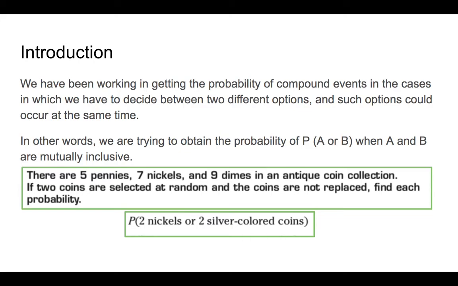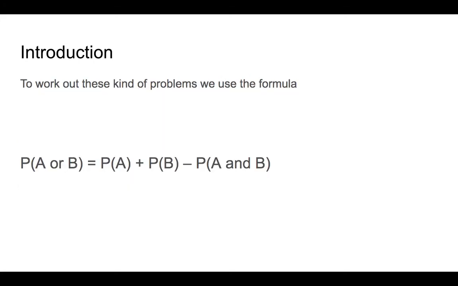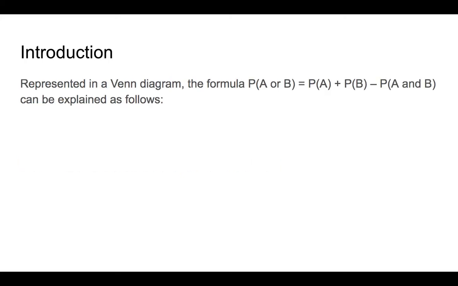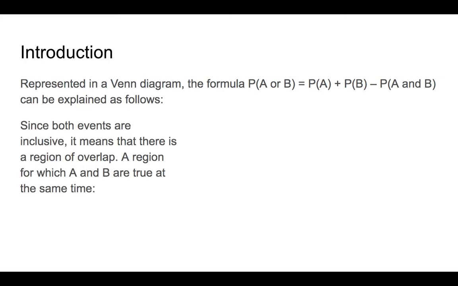So what happens when you have these kind of things going on? You usually use this formula, right? The probability for getting A or B is the probability of getting just A plus the probability of getting just B minus the probability of getting A and B at the same time. And represented in a Venn diagram, this formula can be explained like this.